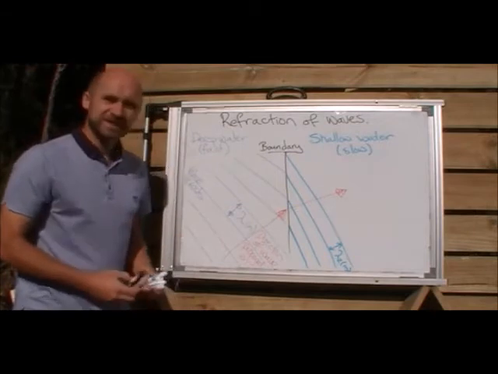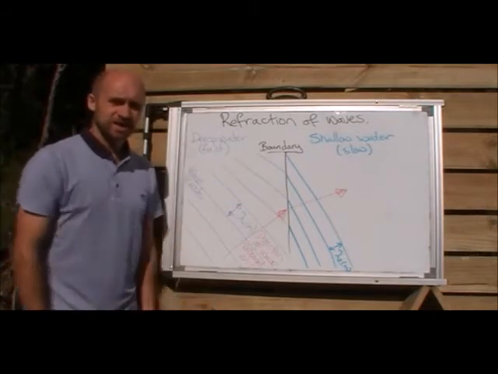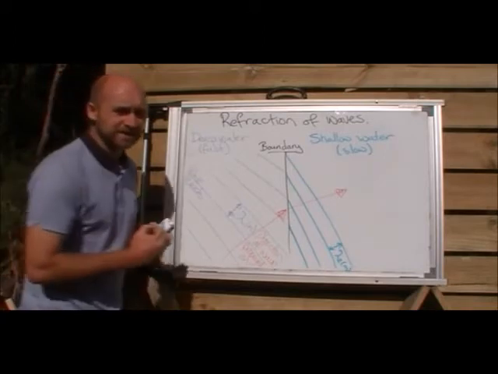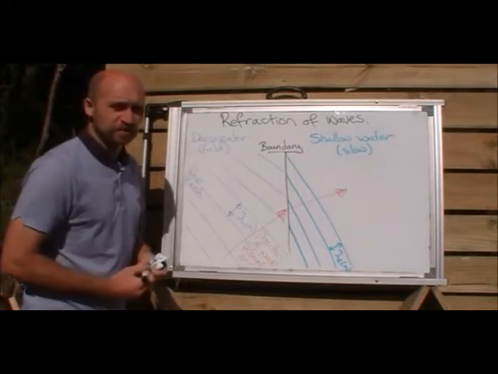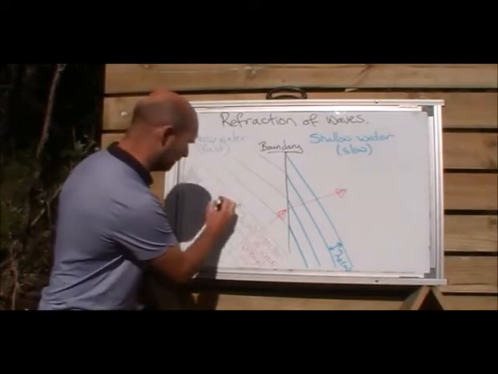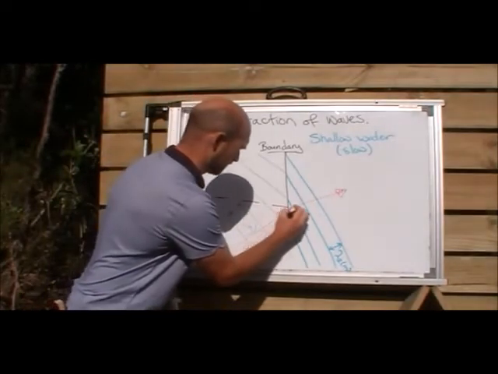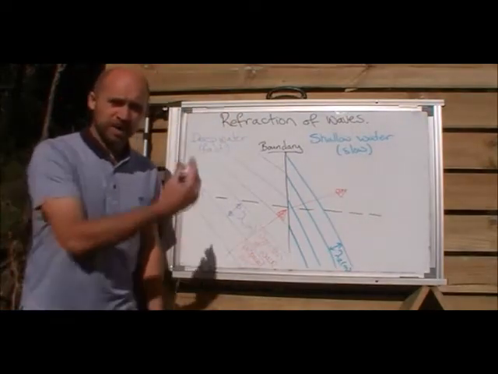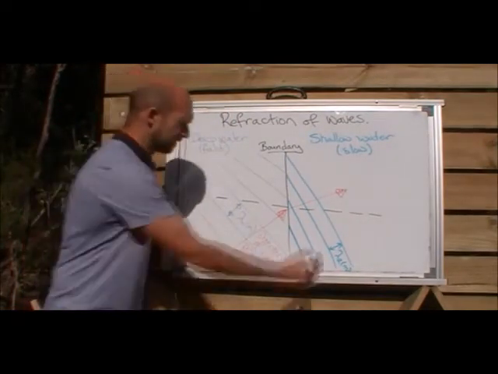We can use the same maths to work out how much that direction of wave travel has bent as what we used for our refraction of light. Start by putting on a normal line at right angles to the boundary between the two different media.